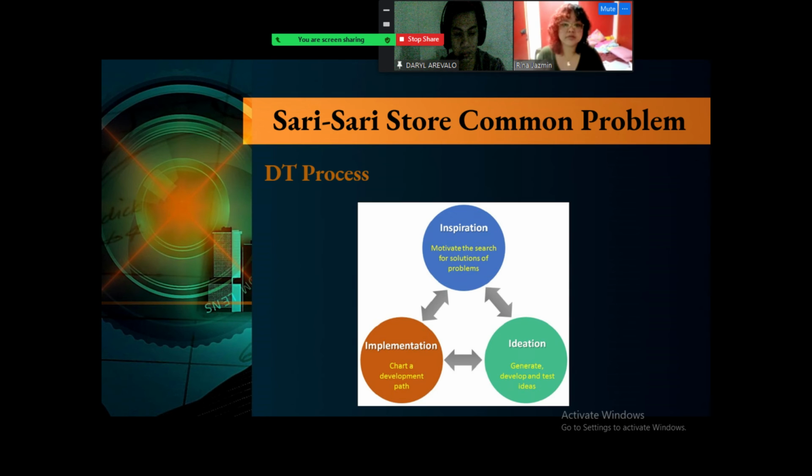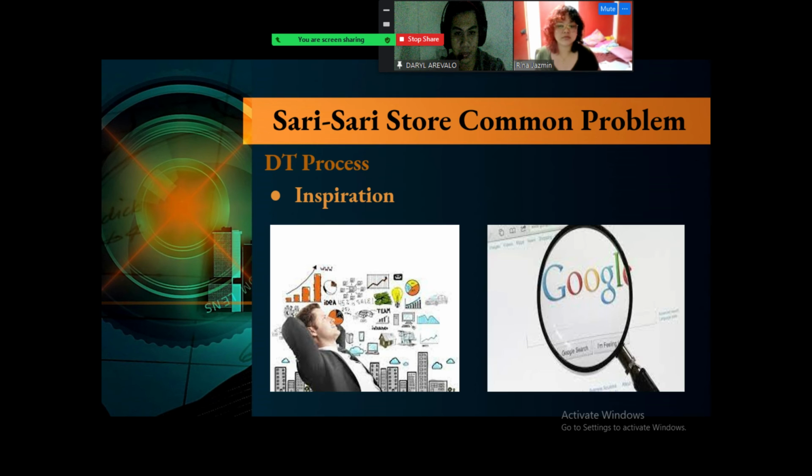The DT process includes inspiration, ideation, and implementation. We can start with inspiration. To start a business, we surely have a dream to be a successful businessman one day. In this stage, we can imagine being very successful one day. And to achieve that, we need to take some actions first.